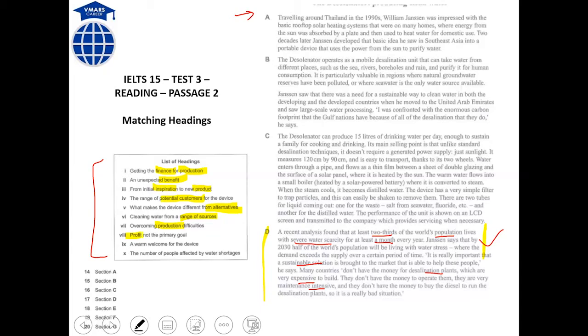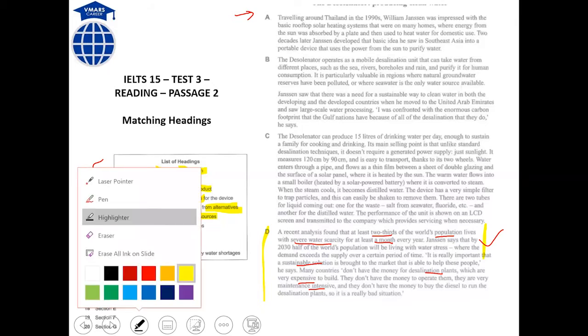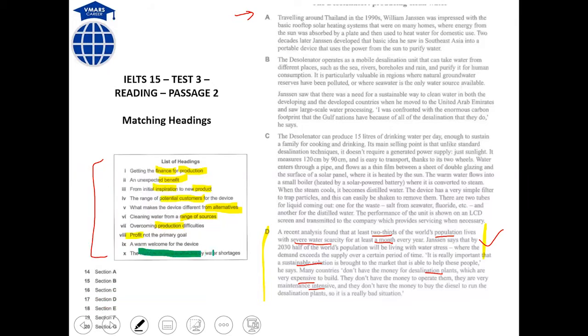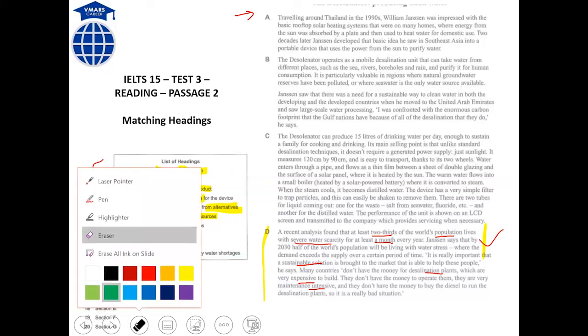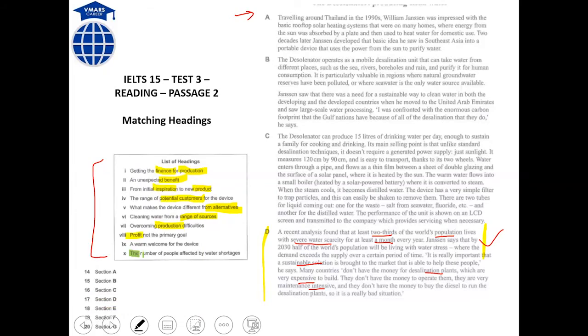The number of people affected by water shortages. Oh yes, there is a clear mention of this particular heading. I think it's not so clear, so let me erase this and put another highlighter that makes it clearly visible.